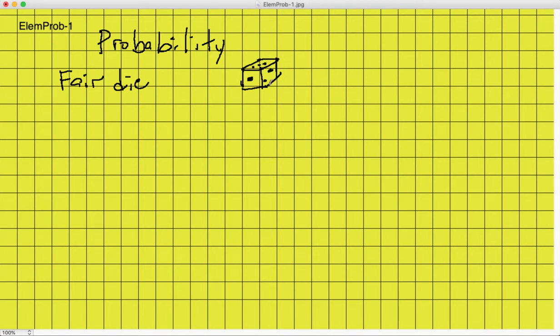If I could draw the faces out individually, we would see a face with 1 dot, a face with 2 dots, 3 dots, 4 dots, 5 dots, and 6 dots.